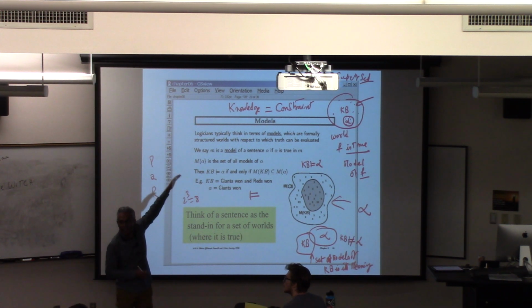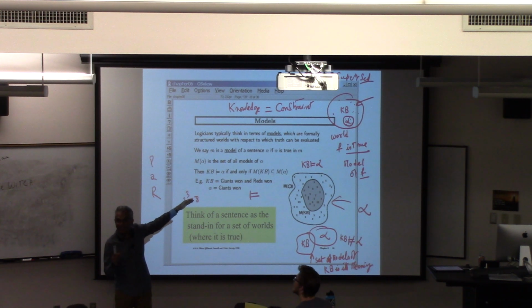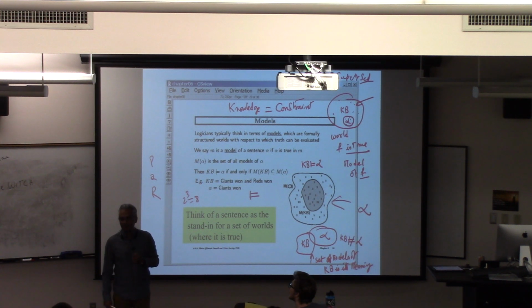Will you go through all 2 power 10,000 models to check whether that statement is true in any of the models? No. If you stop without doing that much computation, you win. That's what logical inference is all about. Doing entailment efficiently is what logical inference is all about.